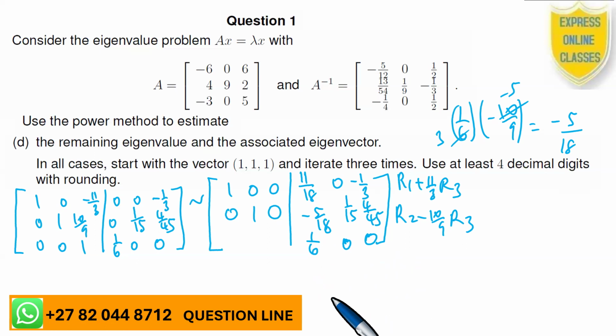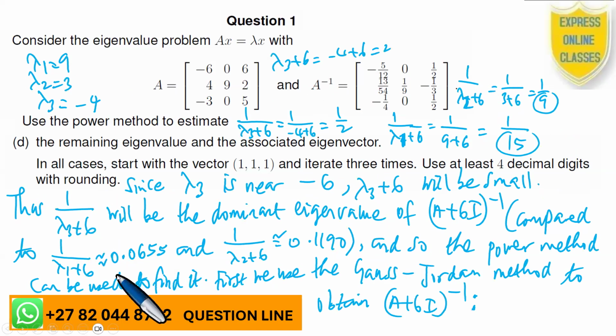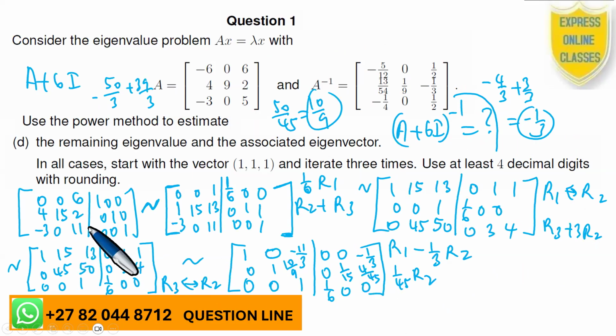But now, obviously, we think and carefully check if this answer is correct before we proceed. So just looking at the inverse matrix here, just in a split second, we're going to confirm the accuracy of this matrix. So in other words, if this is the matrix A, then the inverse is the one we've got. So this is the original matrix A plus 6I. Then the inverse is the one we've got.